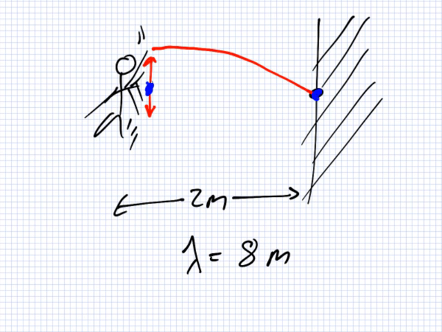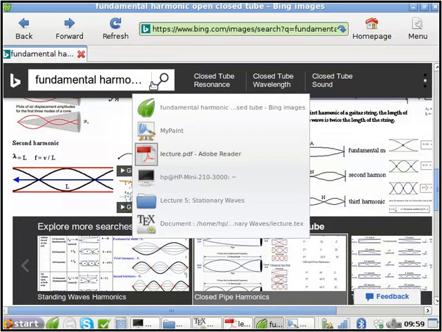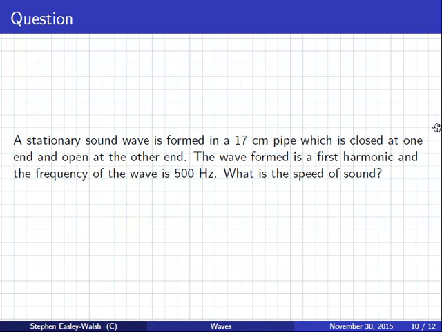Alright, next example. This one here, the person who writes the exam at the moment has asked this question maybe 3 times in the last 5 years.